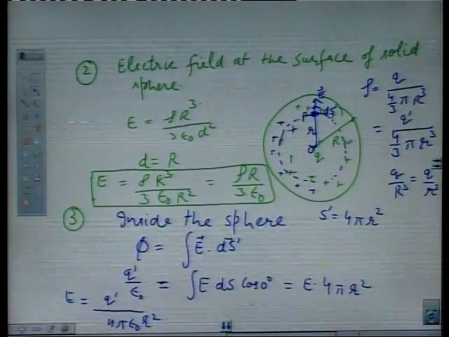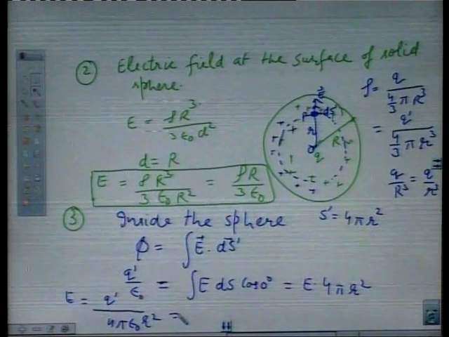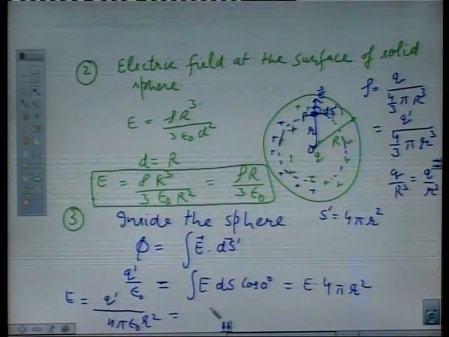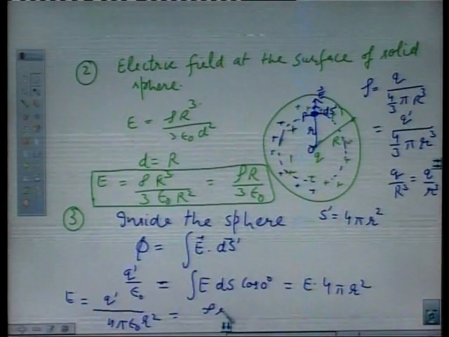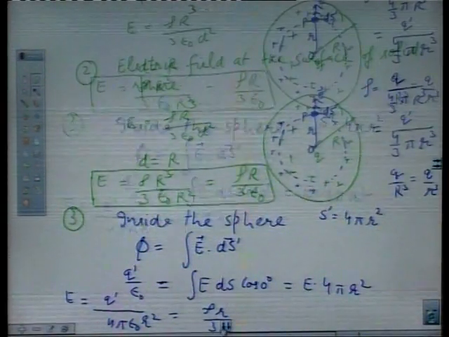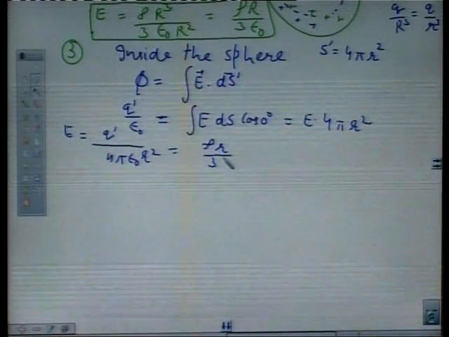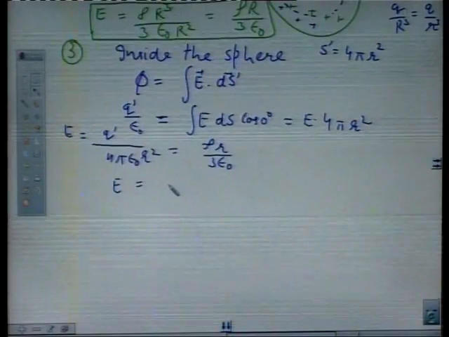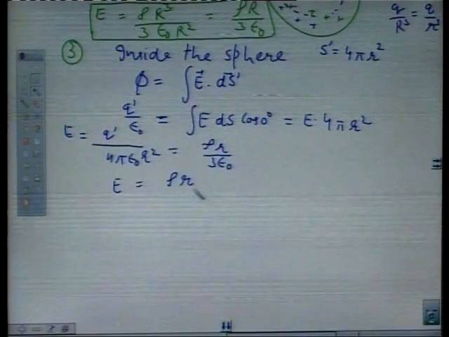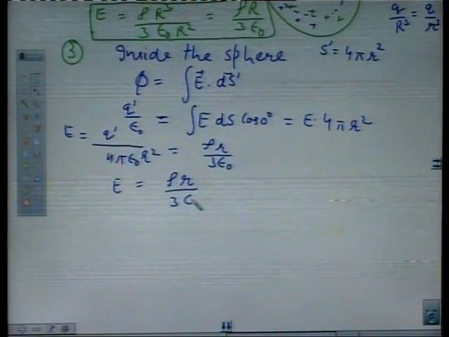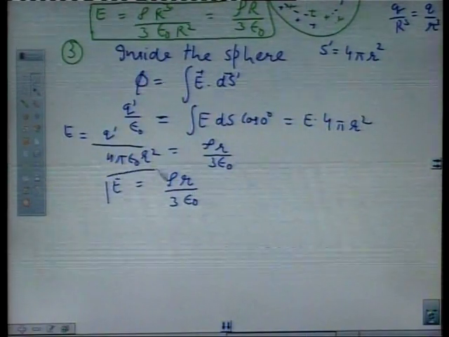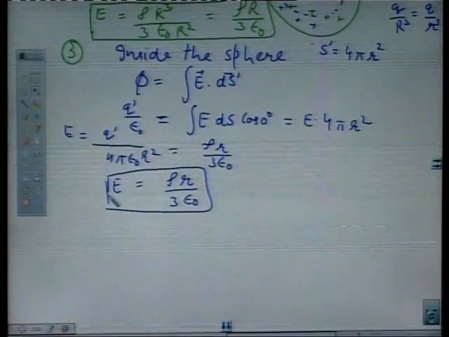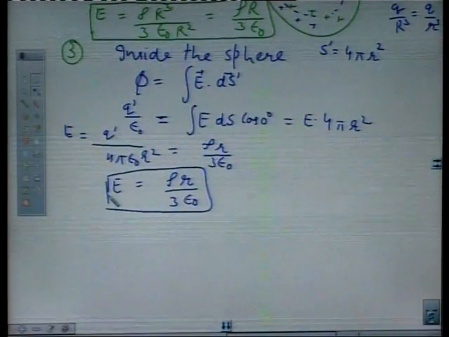On solving it, we will get rho r upon 3 epsilon naught. So the electric field inside the sphere will be equal to rho r upon 3 epsilon naught. So we have found different types of electrical field for the solid sphere at different points.